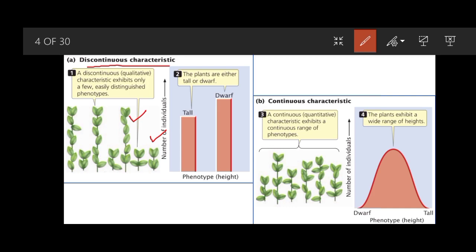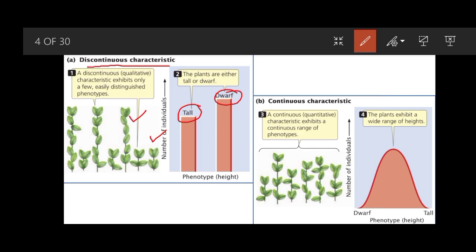The numbers are plotted on the y-axis, and phenotype is given on the x-axis. So there are distinct phenotypes, and we can easily distinguish between tall and dwarf height of the plant.